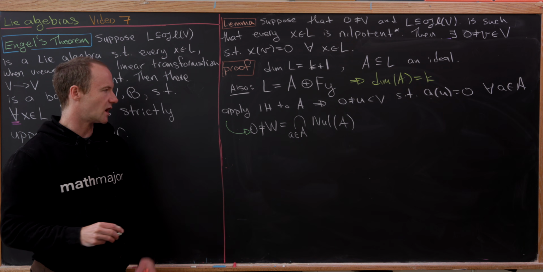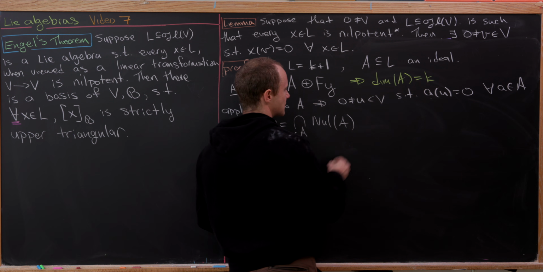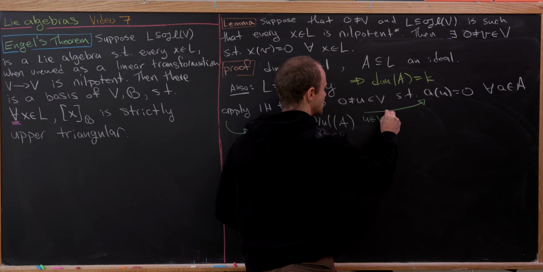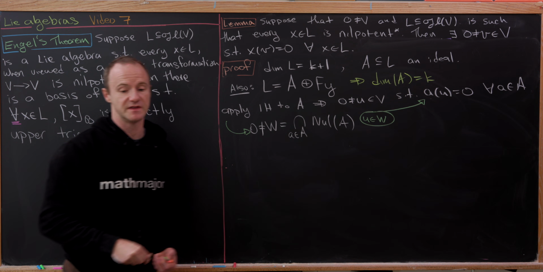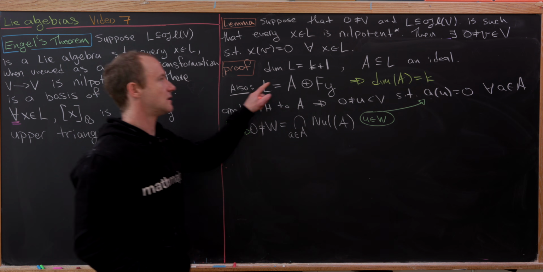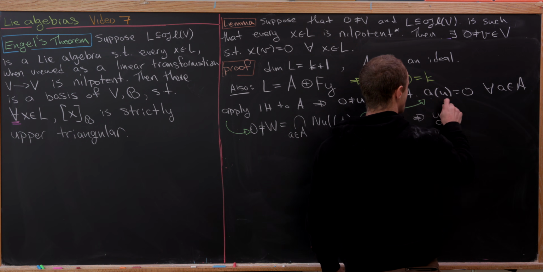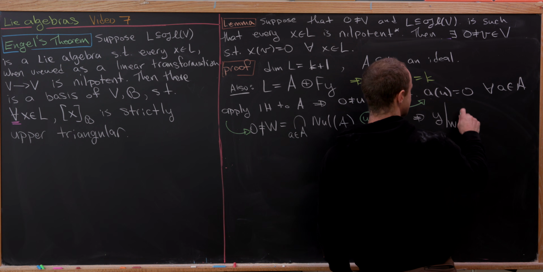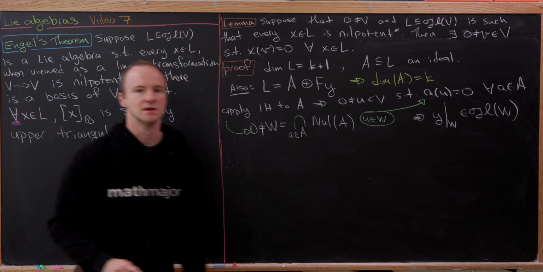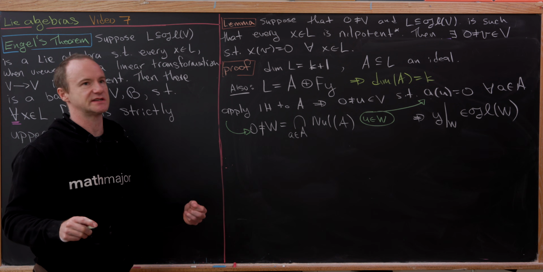So I'll call that non-zero subspace W. So just in terms of this, that means this element U is inside of this W. And now, since Y is inside of L, and L is inside of GLV, we can view Y restricted to W as an element of GLW. So that's just looking at Y acting on the elements of W instead of the elements of the whole vector space V.